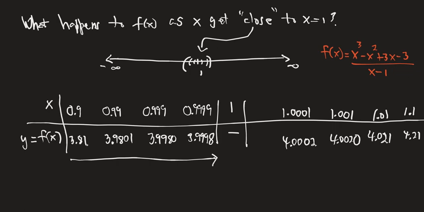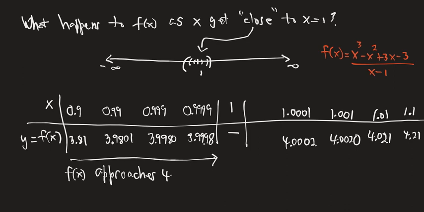You got 3.81, 3.9801, 3.9980, 3.9998. So here, I'll just say f of x, the y values, right? So f of x approaches 4. It never gets there, right? Because we still have the 999.